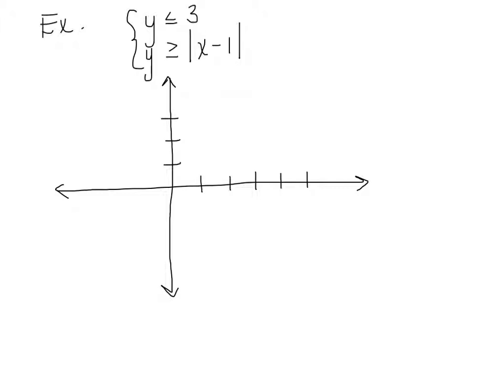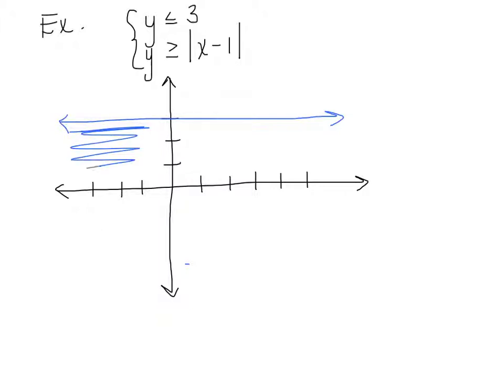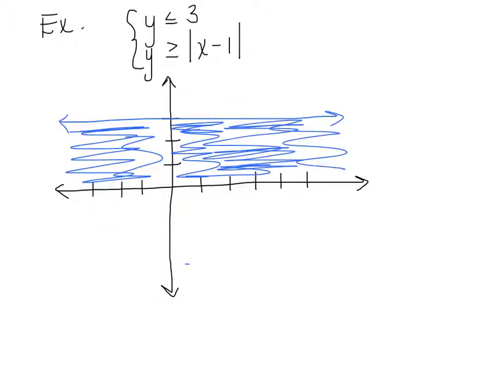So the first one is Y is less than or equal to 3. Well, we know that's a horizontal line at 3, and this line is included, so it's solid. And it's less than, so everything below I will shade. I'm trying to shade lightly so that we can still see the other tick marks when I graph my other equation.